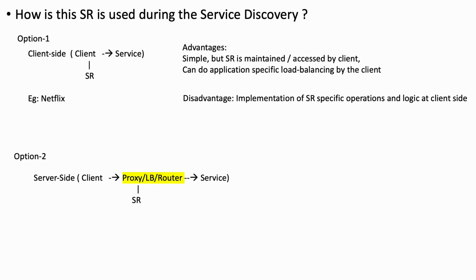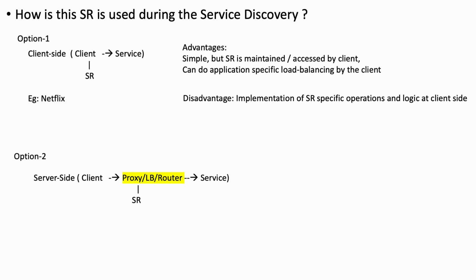The client is not aware of which service instance is returning the response. The client only makes a call to this third party component, mentioning that I need this request to be processed by this service.